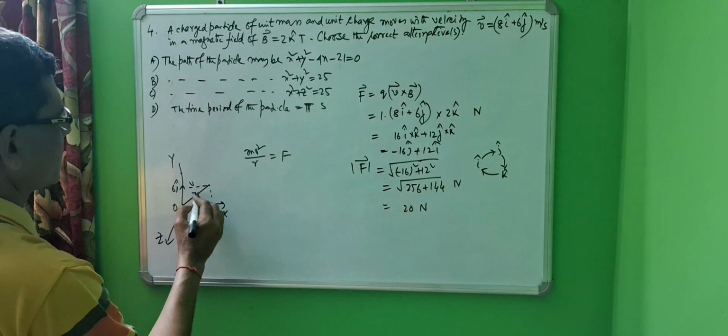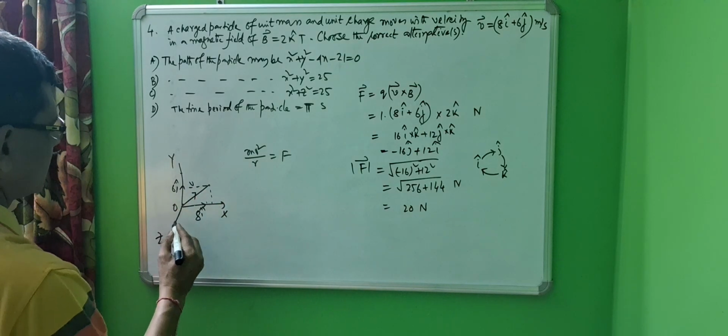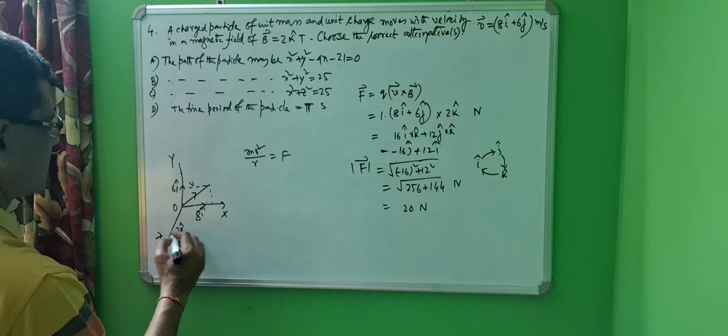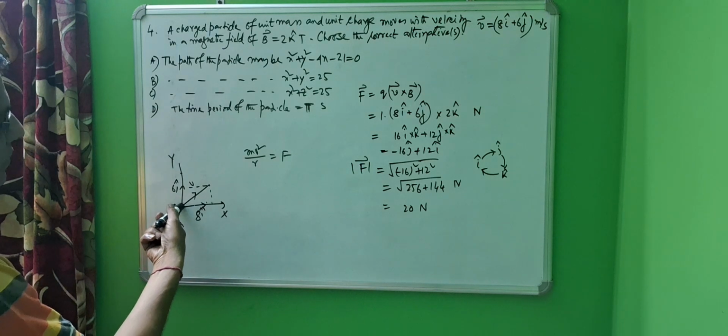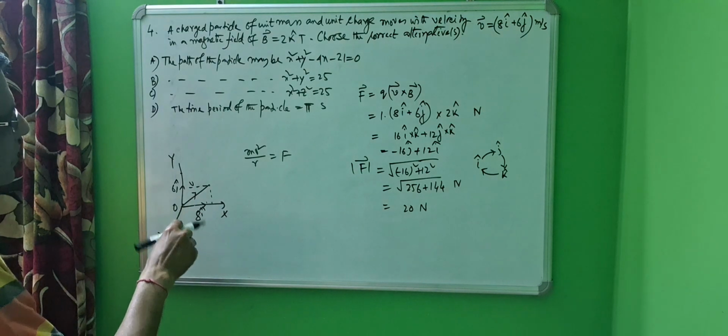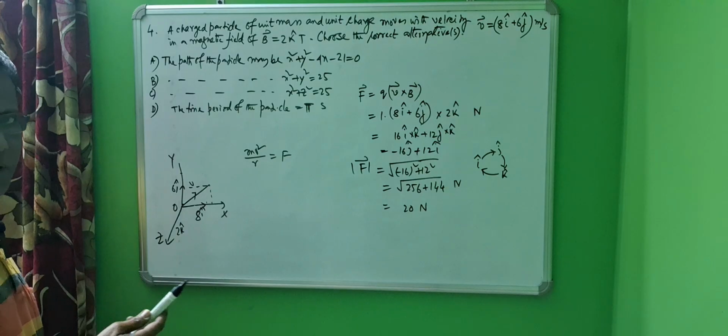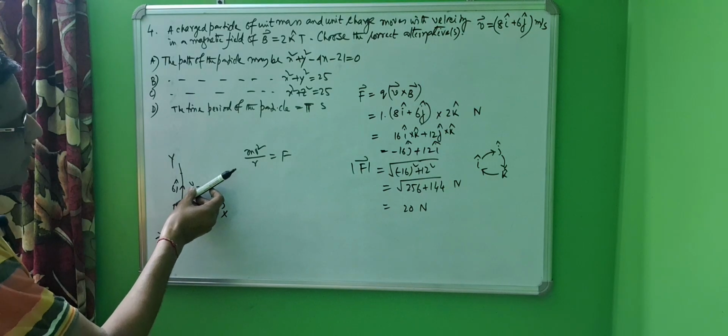Suppose this one is vector v, and twice k t is here in this direction. So v is in this direction.